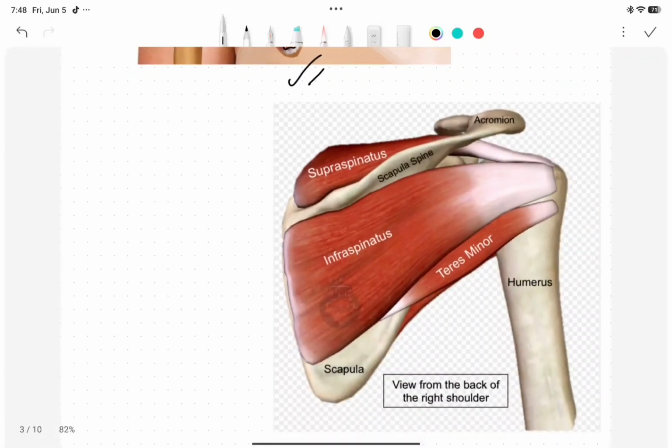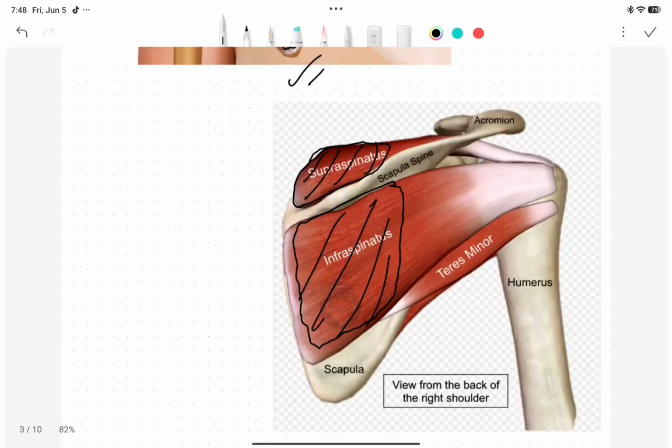shoulder joint. And there are the posterior rotator cuff muscles: the supraspinatus that arises from the supraspinous fossa, the infraspinatus that arises from the infraspinous fossa, and the teres minor that arises from the lower posterior lateral border of the scapula.